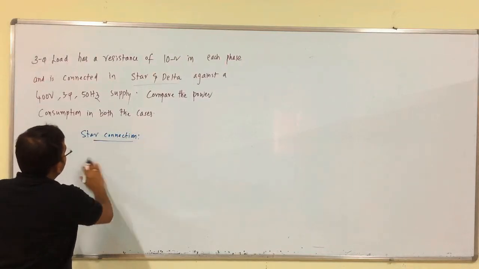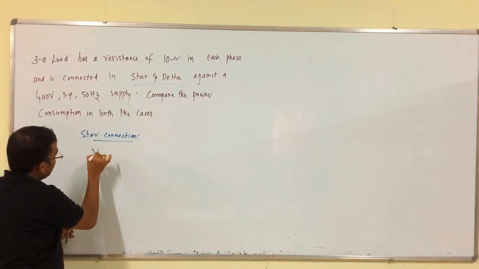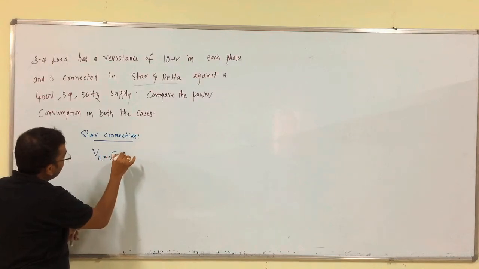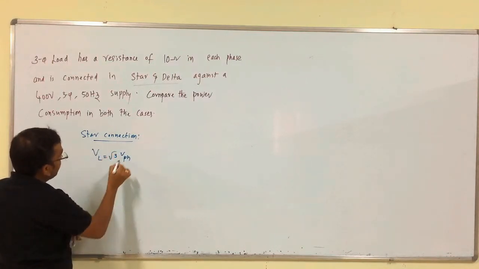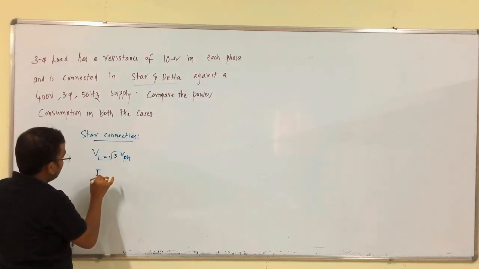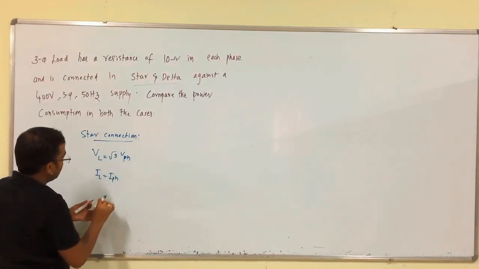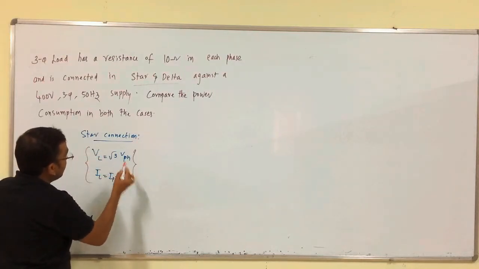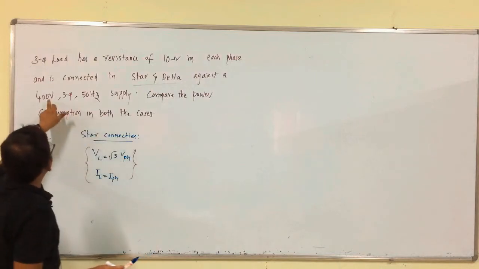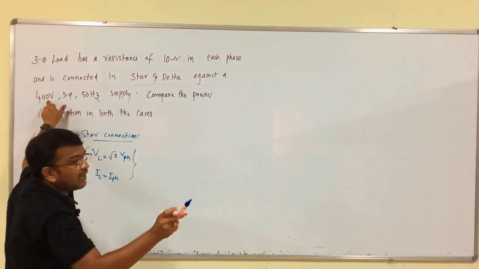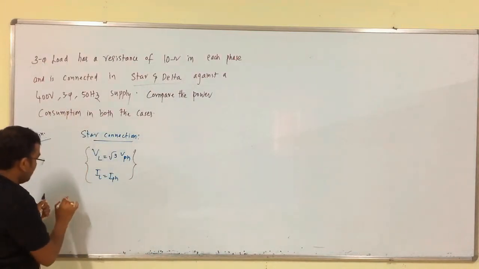We all know that in star connection VL is equal to root 3 V phase and IL is equal to I phase. So, if we consider star connection, 400 volts is taken as line voltage.